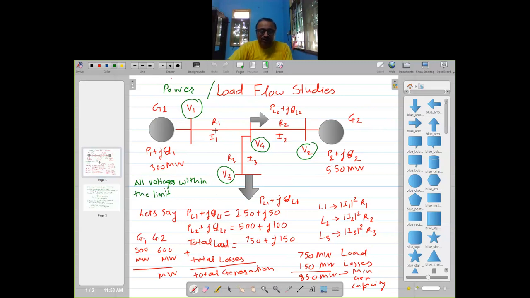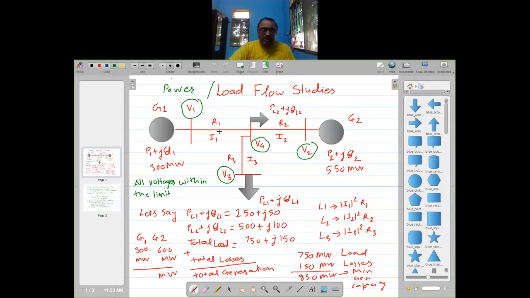What can be the temperature of the conductor? It can be very high. As more and more current flows, the heat generated is I square R, and because of that heat, the conductor temperature grows. There is an upper temperature limit that the transmission line can handle, beyond which there will be problems in the line.